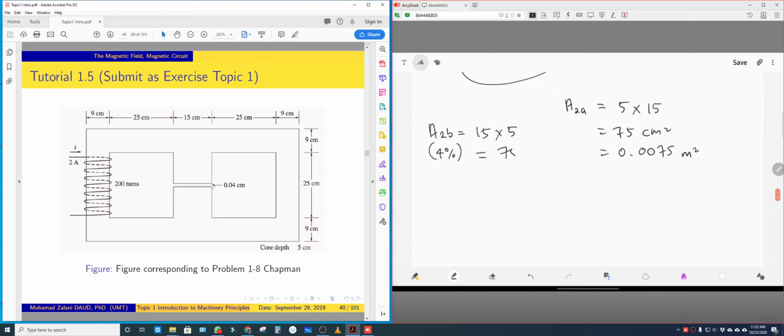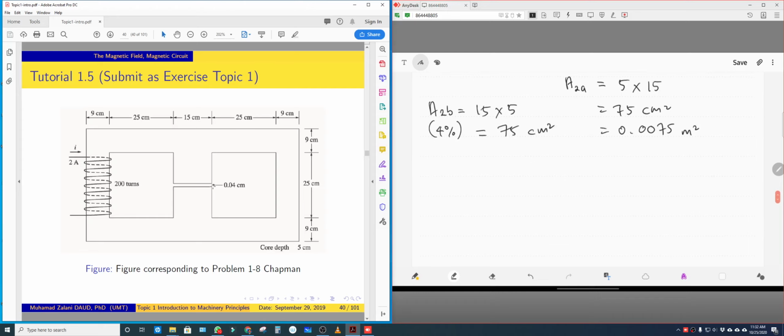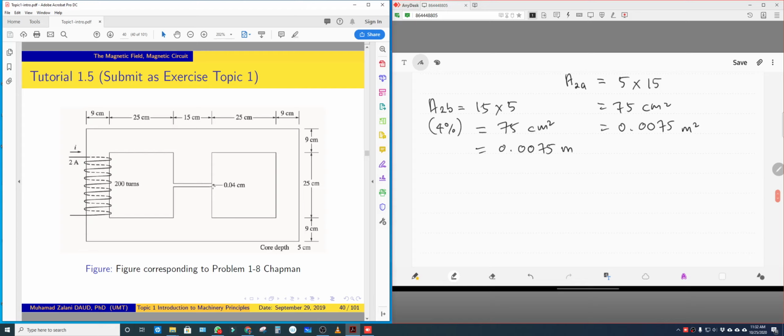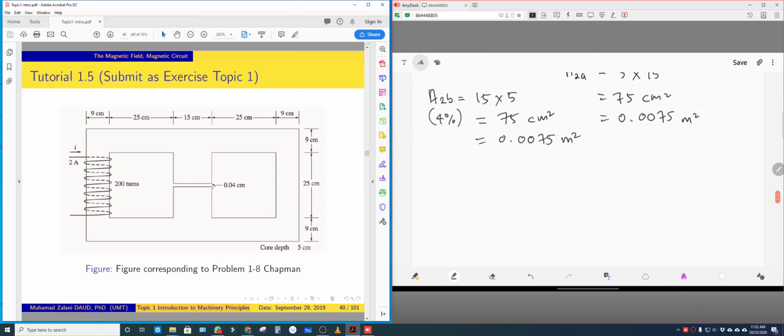Which is 75 cm square, which we convert to meter, 0.0075. Yang ni belum lagi dikira fringing effect. So to take into account the fringing effect, A2B fringing 4%.